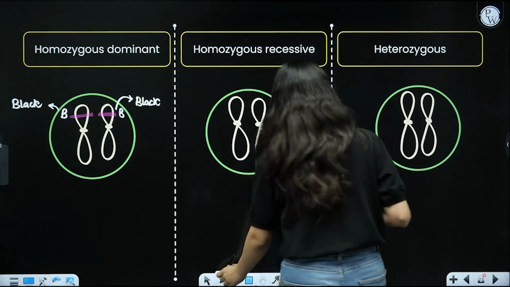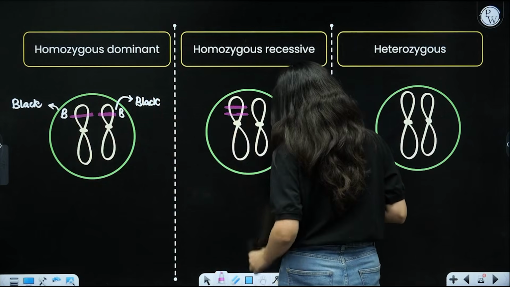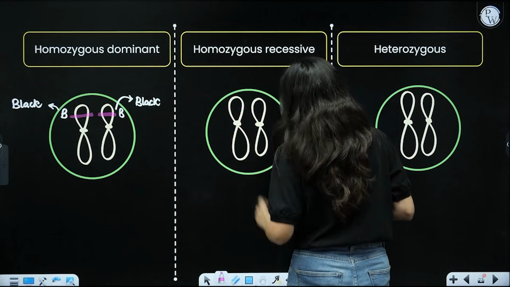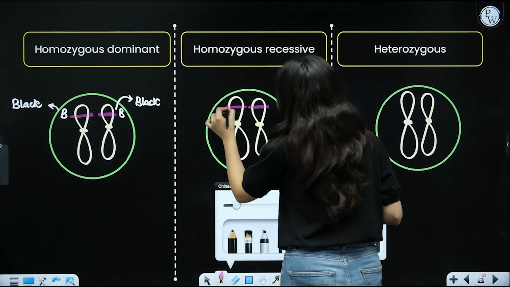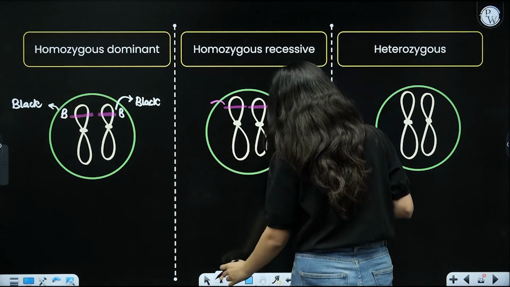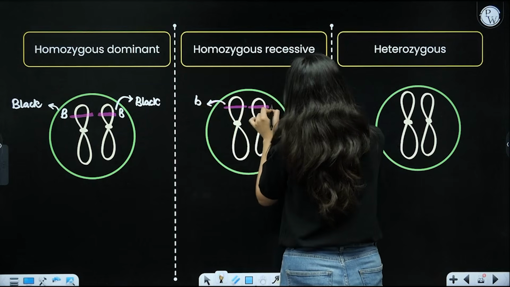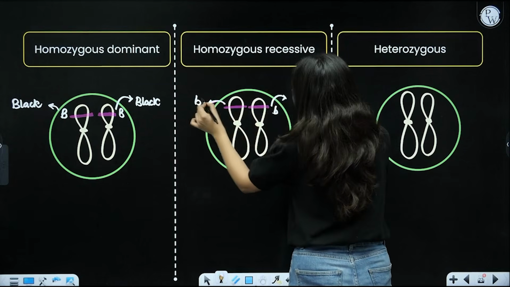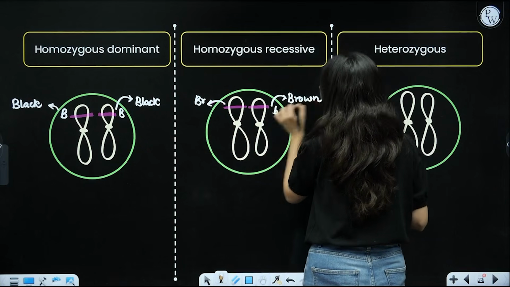Over here we again have a gene for hair color. Now both the alleles say that the hair color has to be brown. So the hair color is small b and small b, that is brown. Both are again exactly the same.